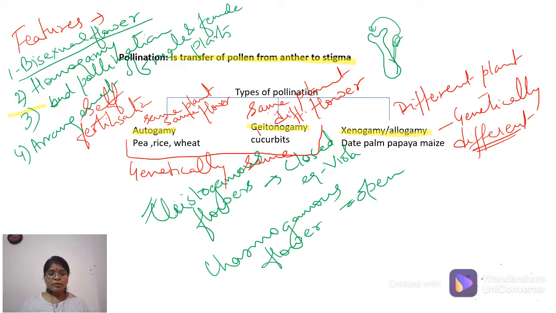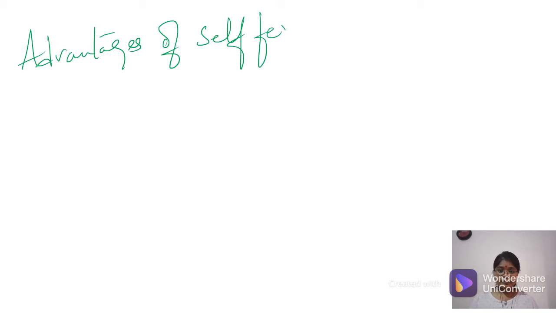Now let's look at the advantages and disadvantages of self-fertilization. What are the advantages of self-fertilization? The first thing is that it gives a pure line breed.